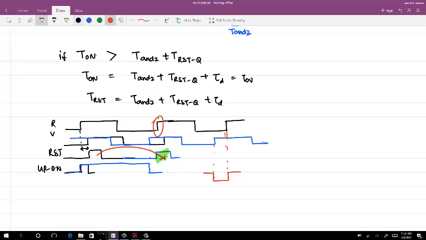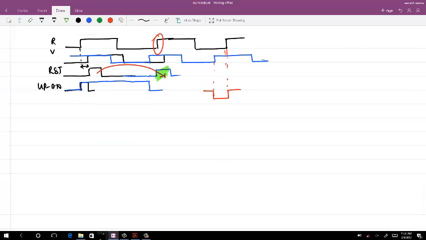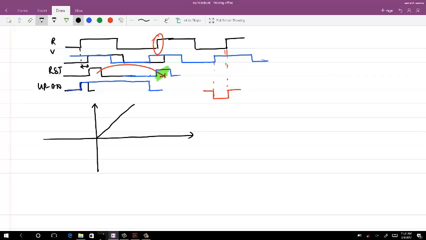So now if I go and plot the characteristics of the phase frequency detector, initially it used to be this: 2 pi, this is phase error, and the y-axis is v of up minus down average, and on the negative side it is symmetric in the other direction.